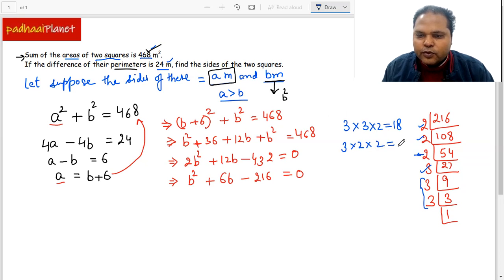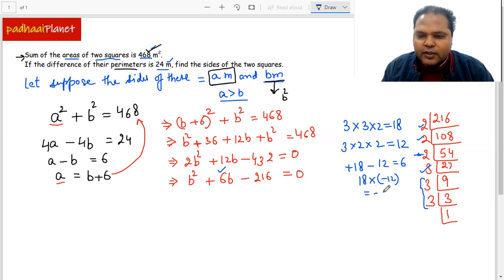So that's 12. Now, if we take positive 18 and negative 12, then the sum of these is 6, which is fulfilling our requirement. And when we multiply 18 times negative 12, we get negative 216, right?